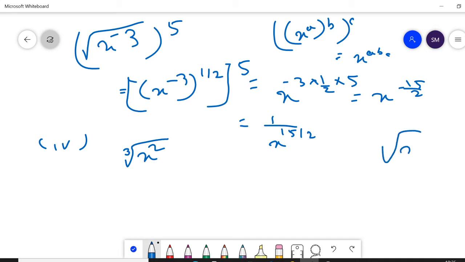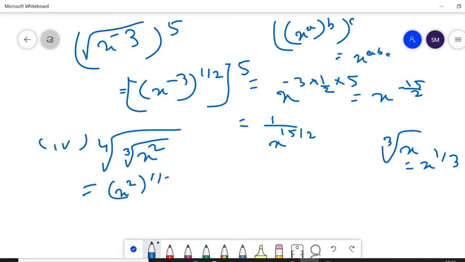Suppose x, root 3. What do you mean by this? This is x to the power 1 upon 3. Here 3 means 1 upon 3, then here 4. Then how can you simplify? This is x to the power 2, whole 1 by 3.